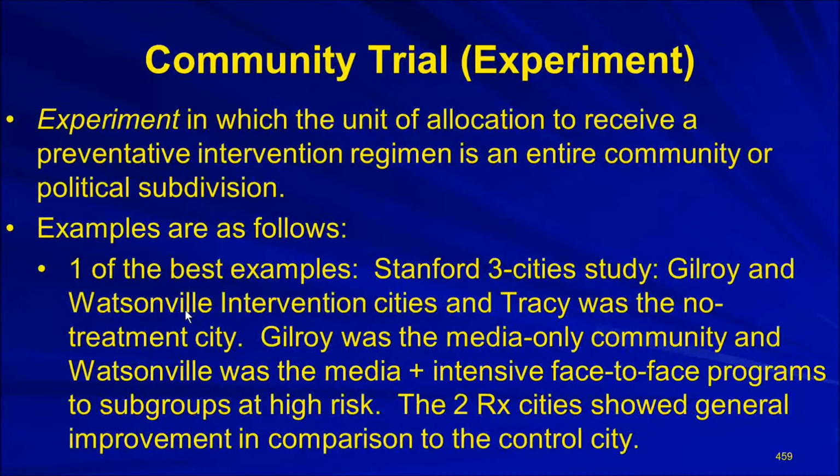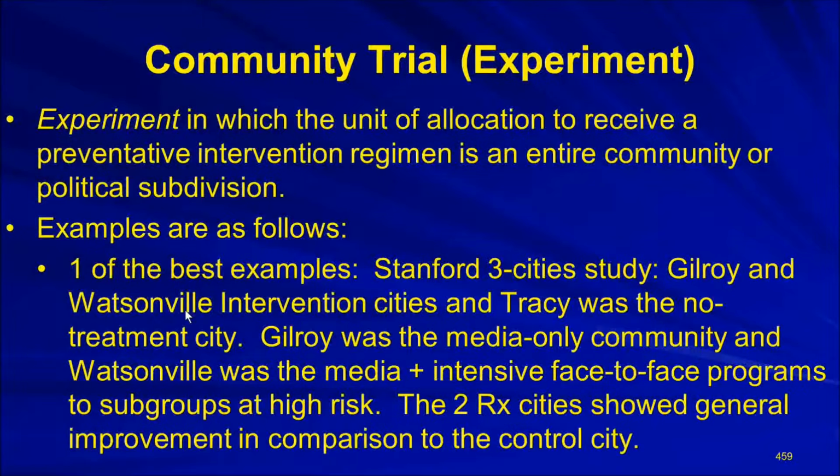I would like to introduce to you an example of a community trial. The most famous one is the Stanford Three Cities study, and it was the first. The chief investigator was Jack Farquhar from the School of Medicine. He was a community medicine person.